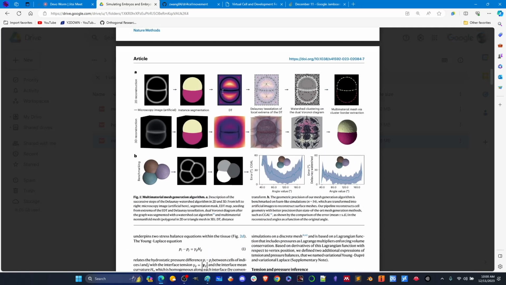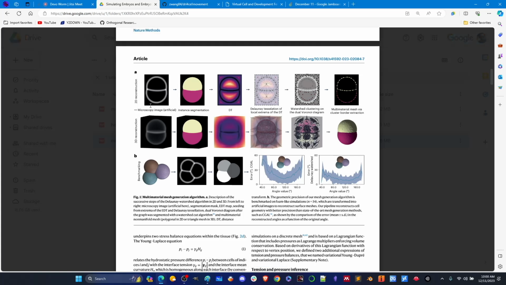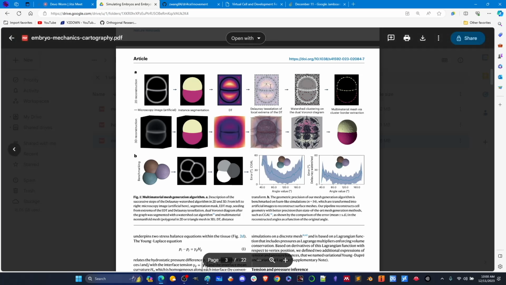They walk through the algorithm. They basically try to extract the membranes, so they're not really interested in the cell centroids or any of the contents of the cell. They're just interested in the edges of the cell, or the membranes. Then they use a Delaunay tessellation for both the cells and the cell environment.